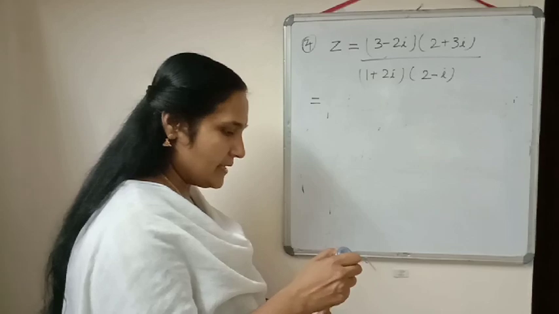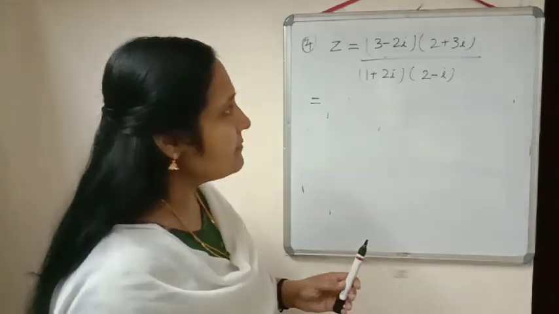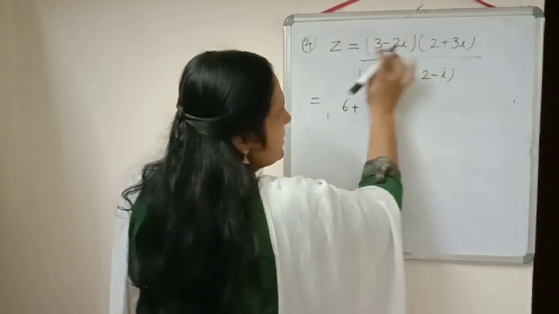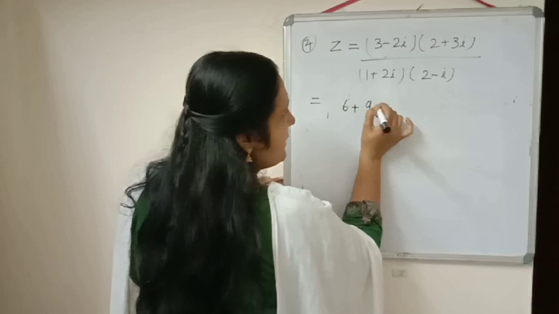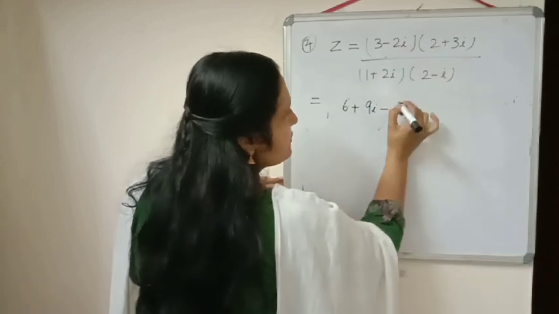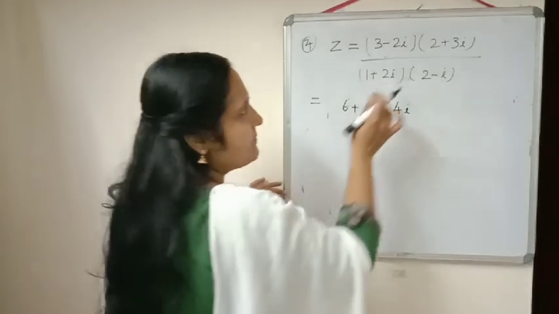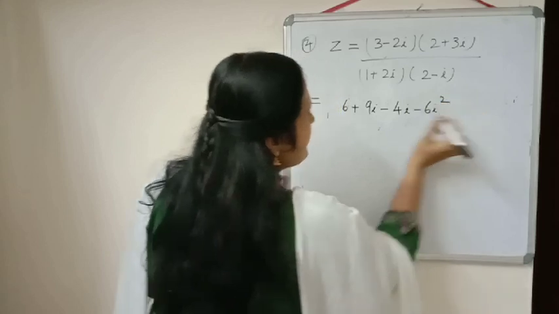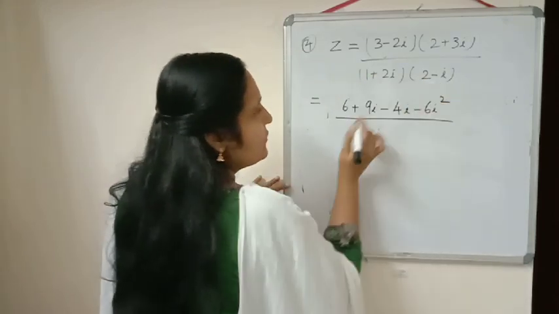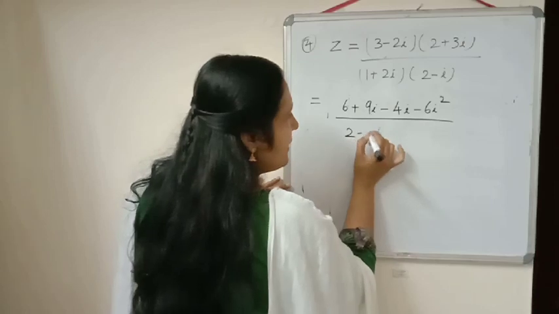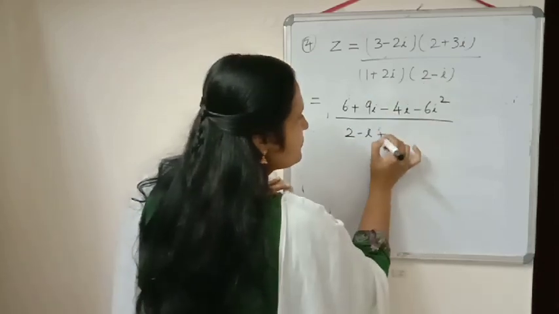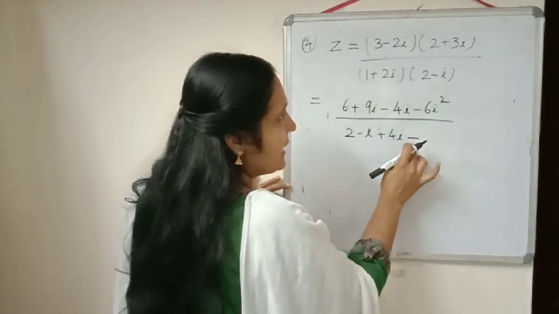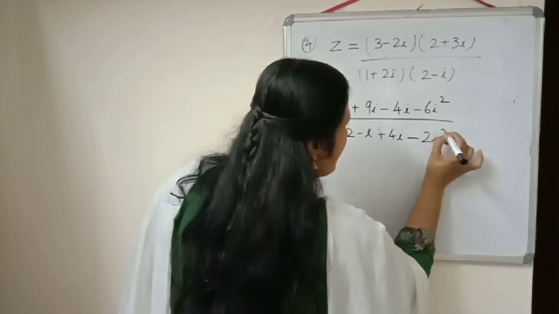So just do the multiplication, multiply the numerator, check what will come. Normal multiplication of polynomials. 3 2s are 6 plus 3 into 3i will be equal to 9i, minus 2i into 2, so that will be minus 4i, minus 2i into 3i, so that will give you minus 6i square, by 1 into 2, 2, 1 into minus i, plus 2i into 2, so plus 4i, minus 2i into minus i, so that will be negative there, so minus 2i square.